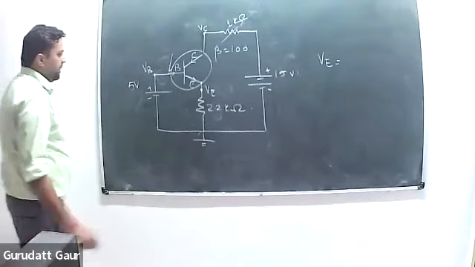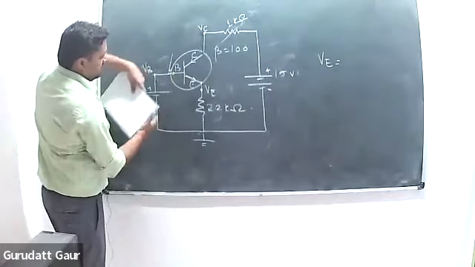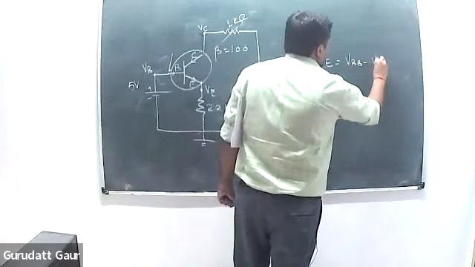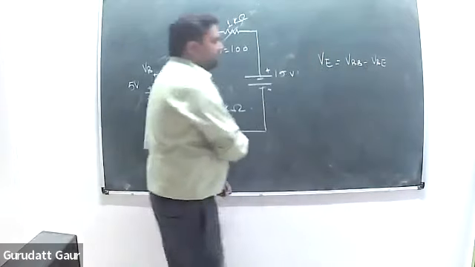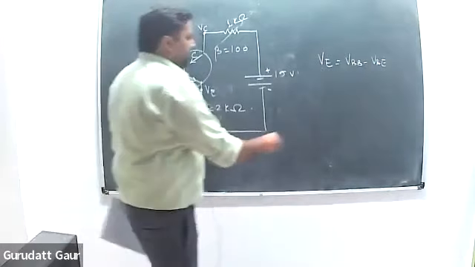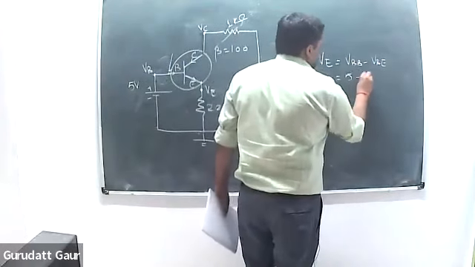VE will be VBB, this full voltage, minus this VBE. So VBB minus VBE. And VBE we know will be 0.7. This is 5 volt. This is 0.7.